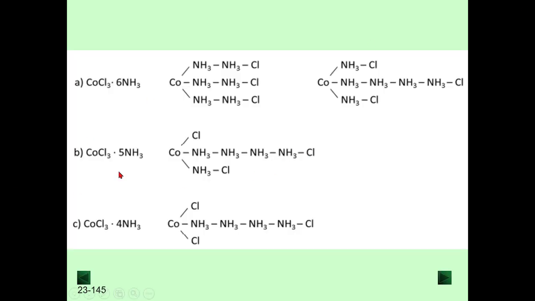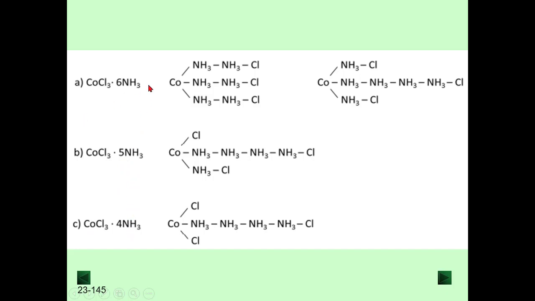It was applied basically to the complex cobalt trichloride hexammine, which contains 6 ammonia molecules, 3 chloride and 1 transition metal, that is cobalt. Similarly, another example they explain is cobalt trichloride with 5 ammonia molecules, and also with 4 ammonia molecules.